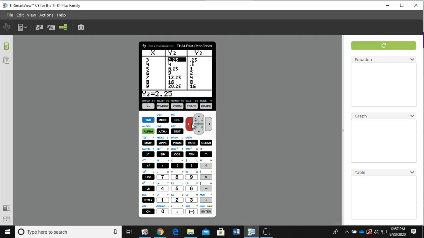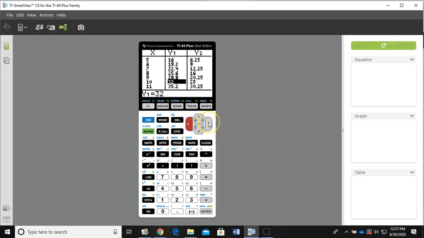So the question is asking, when is y3 going to overtake the other 2? I need to keep scrolling down until y3 becomes bigger. It looks like at year 10, let's see if it's bigger than the other one. Ah, it's the same, right?